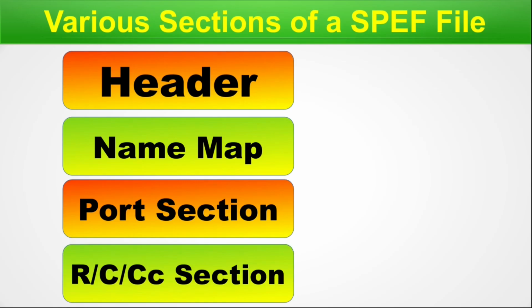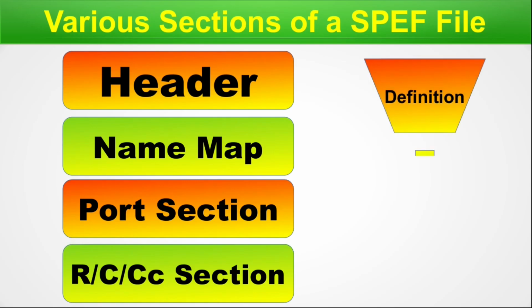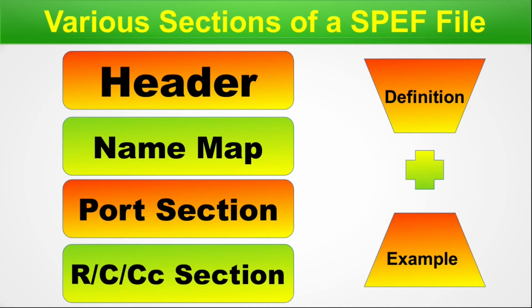And finally, we have all the parasitic information of resistors, capacitors and coupling capacitors in the RCCC section. In upcoming slides, we will describe each of these sections with definition and example. We will append one more optional section called layer map in the last slide of this video. The purpose of this slide is to imprint the 4 sections before we plunge into the detail. We are done with this particular slide, so let's move on.